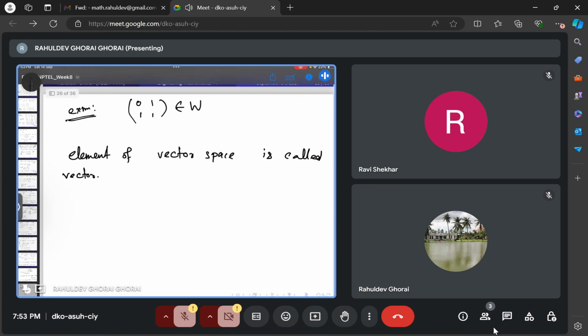Why am I telling that? Now we come to any vectors. When we say vectors, it's not only R2. It can be a matrix, it can be a function also.